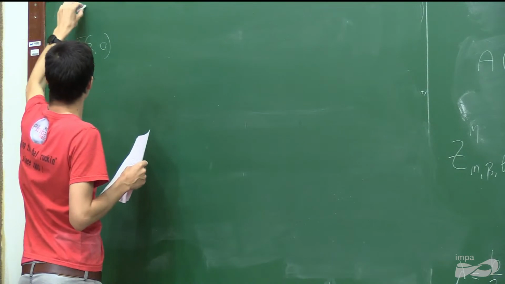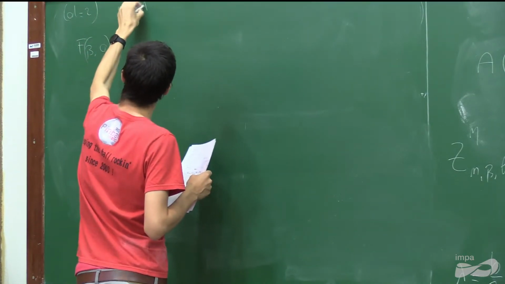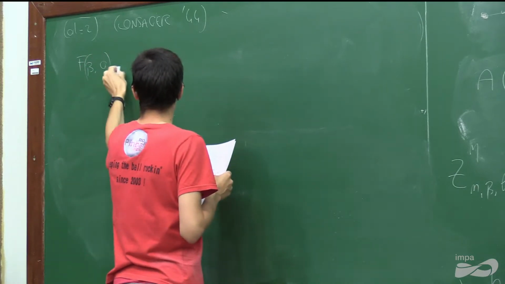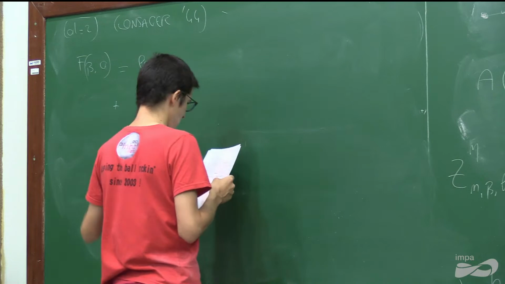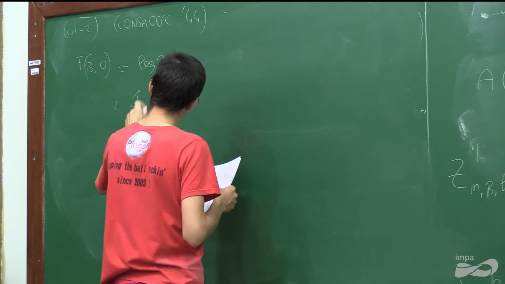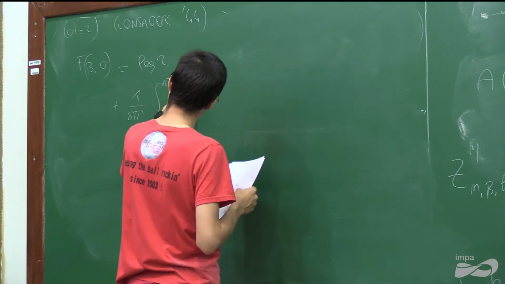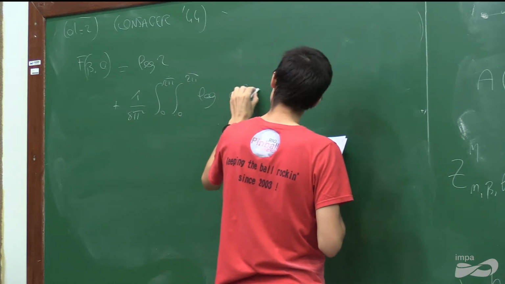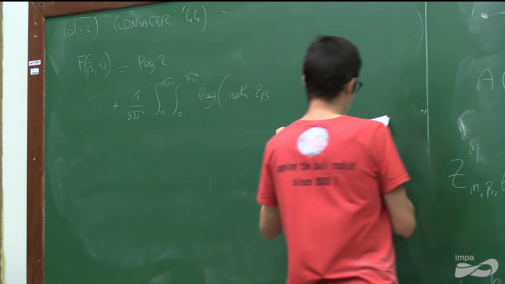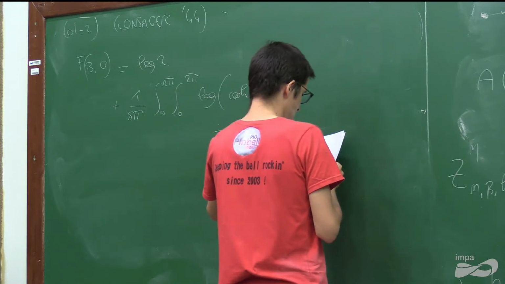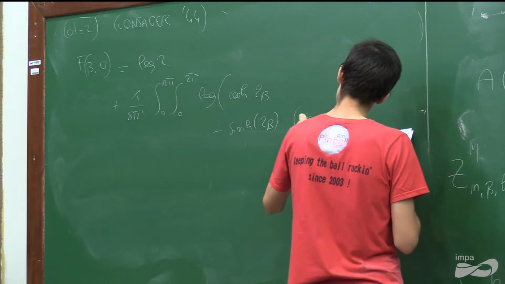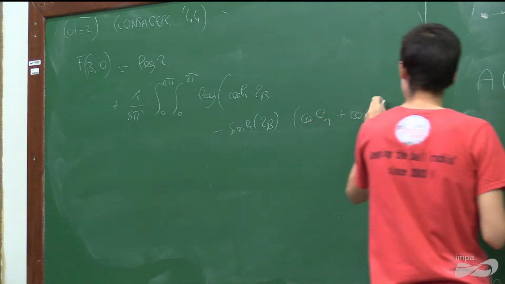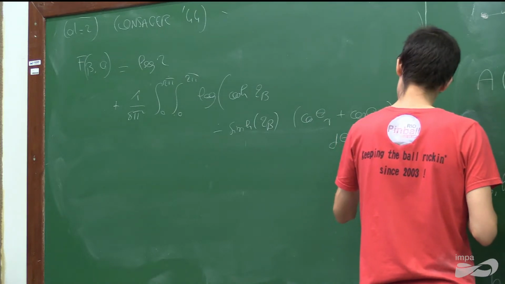This was done by Onsager in 1944. And here is the formula you obtain: log 2 plus 1/(8 pi squared) times the integral over 0 to pi, integral over 0 to pi, of log of cosh of 2 beta minus sinh of 2 beta times cos theta 1 plus cos theta 2, d theta 1 d theta 2.